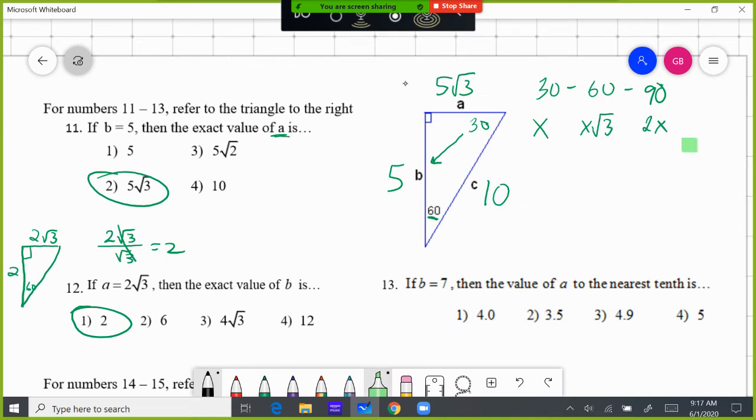And this relationship still works, because if I start with 2, to get the side opposite to the 60-degree angle, you multiply it by the square root of 3. And yeah, I hear you.